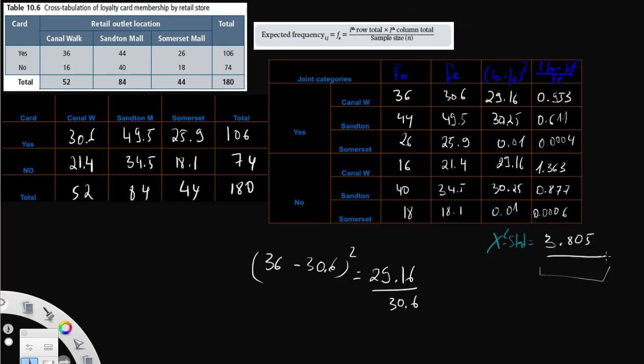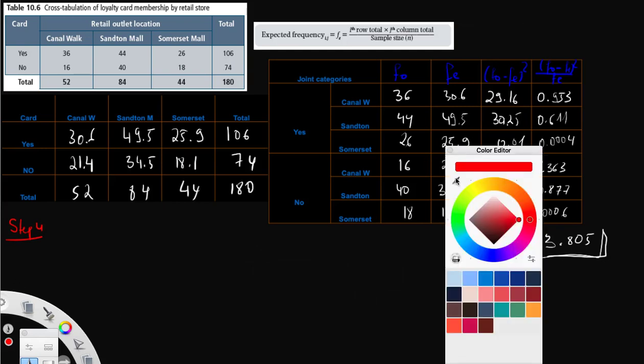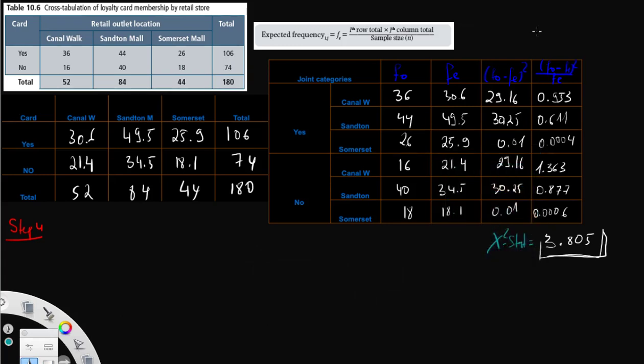All right, so this is the chi-square stat that we found. Our next step then will be step 4, and compare this to our critical value. If you remember, our chi-square limit was 4.605.